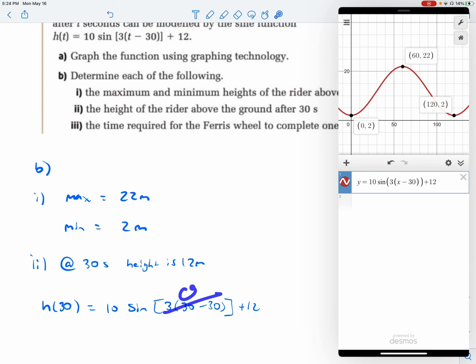That makes all of this 0. And sine of 0 on the unit circle, that's right here. The y value is also 0. So I know this whole thing just makes a big 0. Multiply that 0 by 10, and that makes all of this 0. And we're left with just 12.